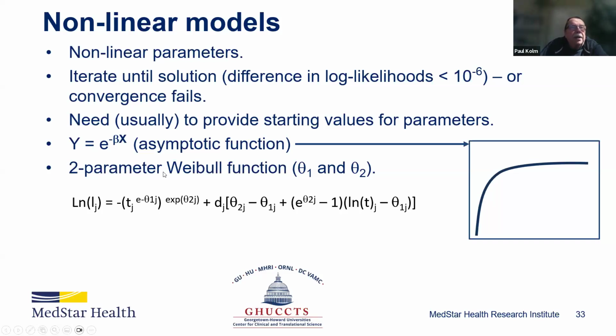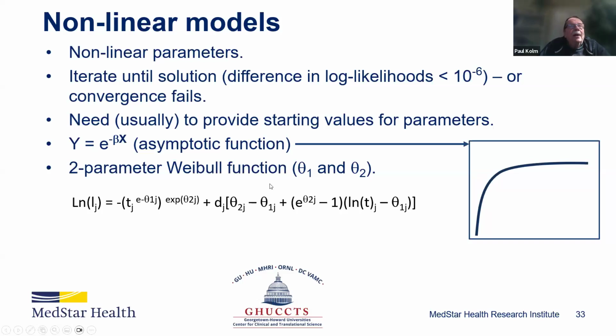This is a real simple example, so we could do a much more complicated one. Here's an example of what a two-parameter Weibull function would look like. Weibull functions are used in survival analysis. It's another parametric survival function, but we have two parameters here rather than just one, theta 1 and theta 2. So you see this would be quite complicated.